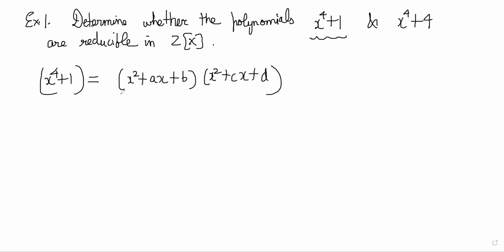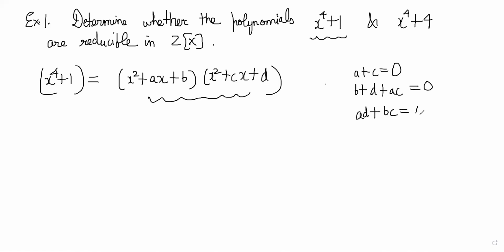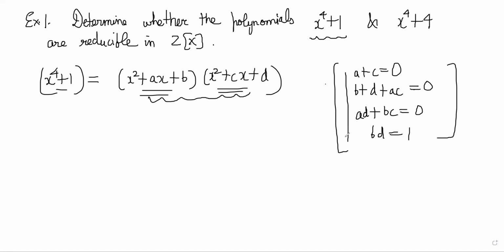So if you make quadratic factors here, you can multiply it out and get equations like this: a plus c is 0, b plus d plus ac is 0, ad plus bc is 0, and bd is 1. So we are assuming that it is reducible and we are getting quadratic factors in this way. Once you compare coefficients, you get these equations.